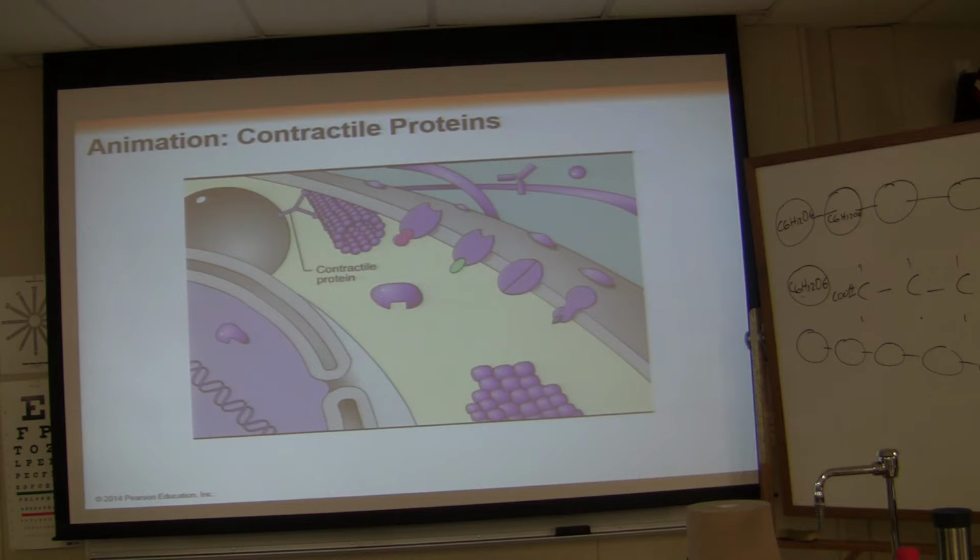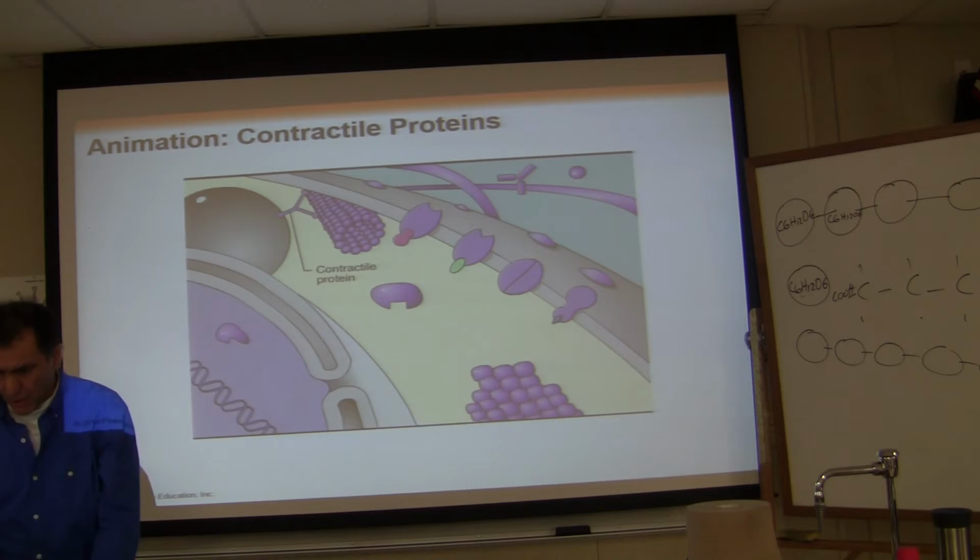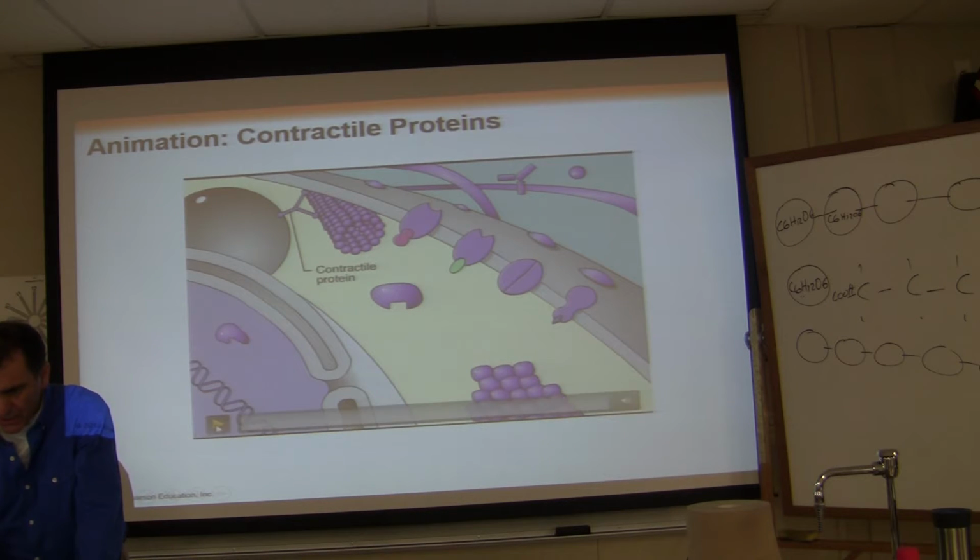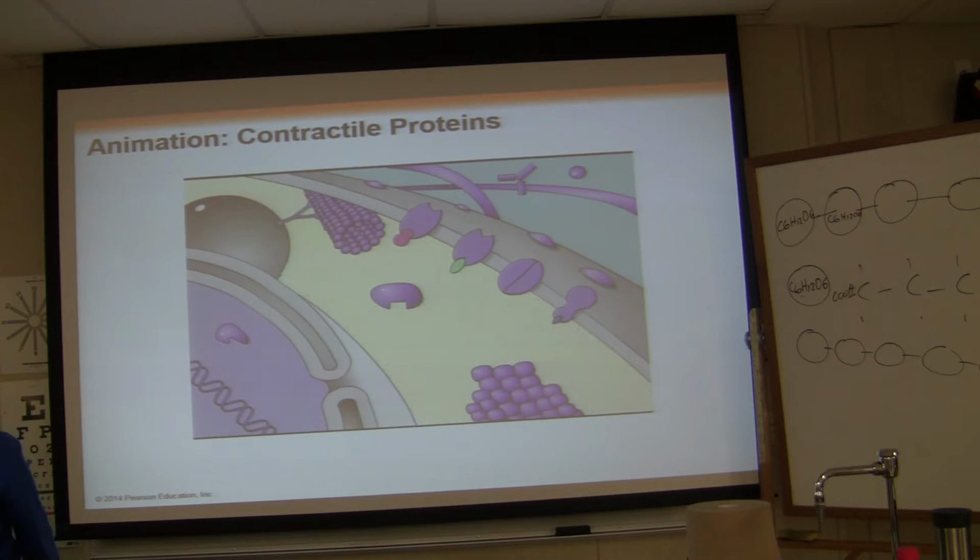They have a few animations. I hope it will not take long. Let's quickly look at it. I think there are 4 or 5 proteins. A motor protein, like the one shown here, can move parts of a cell. Other contractile proteins, working together in muscle cells, can move a whole animal.